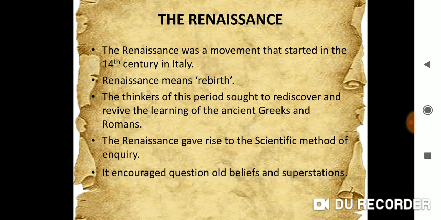But when the Ottoman Turks started to rule over Greece and Rome, from that time that culture started to decline. After that, when Greece got freedom, from that time they started to rediscover and revive their old rich culture. This is called the Renaissance.